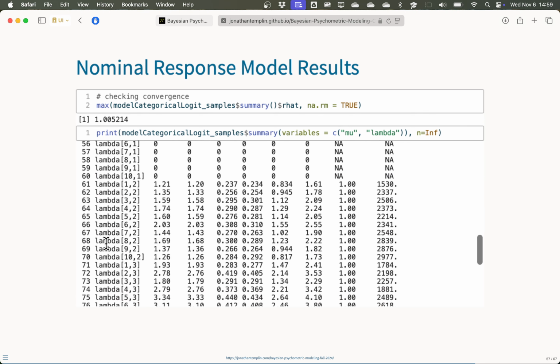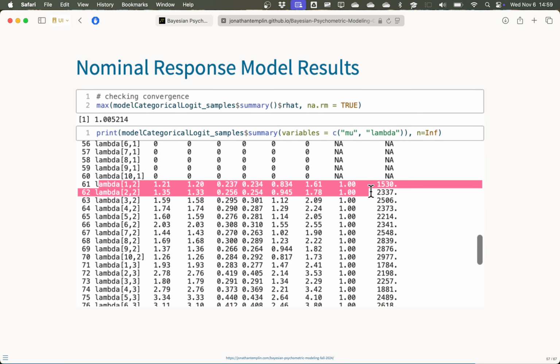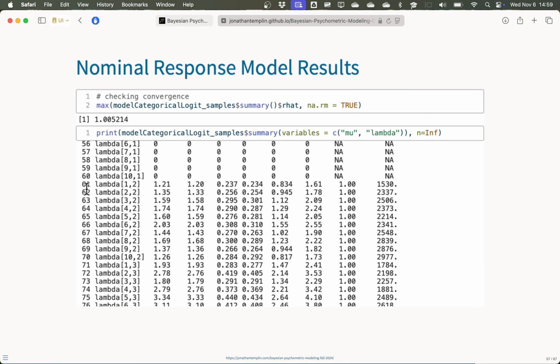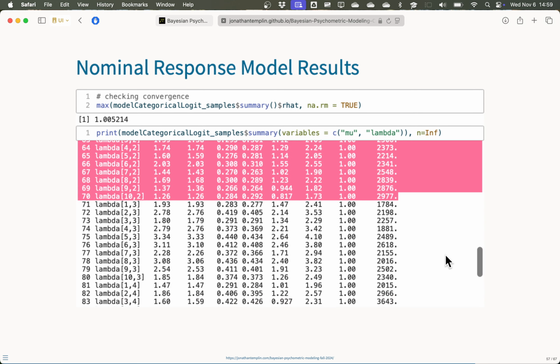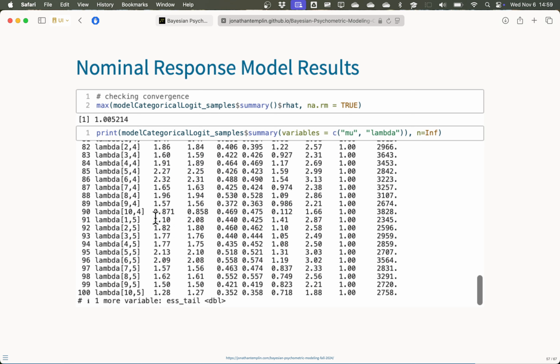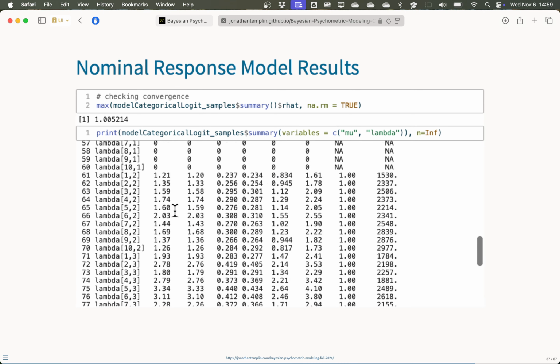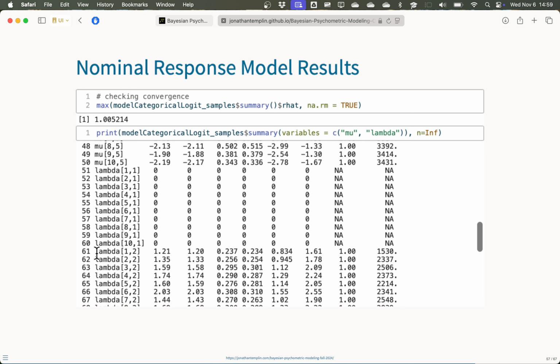Each of the other categories indicates a bit more agreement with the statement or the item, the question prompt. And so each of those represents a positive theta. Meaning that as theta goes up, the term multiplying them indicates a higher chance of picking those different categories. So that's what that represents.